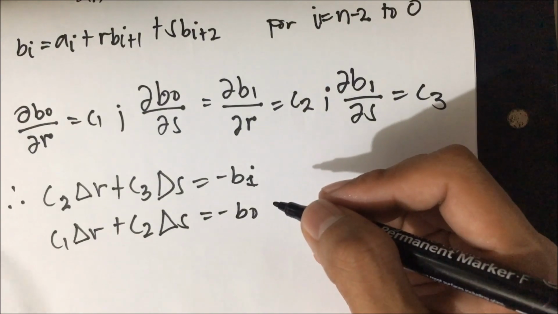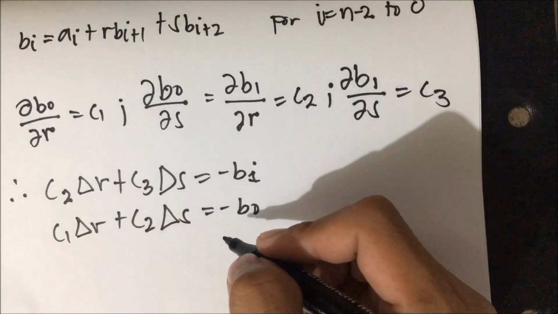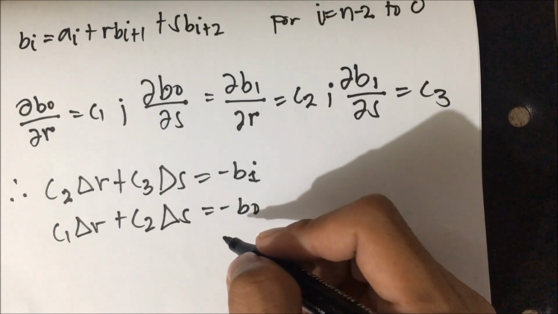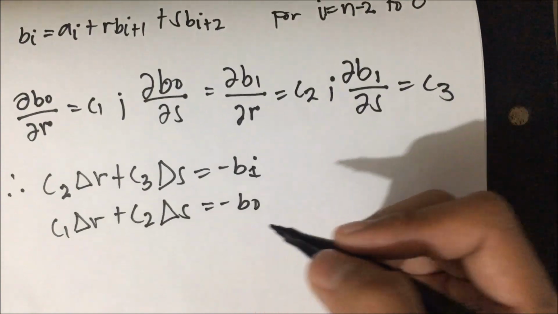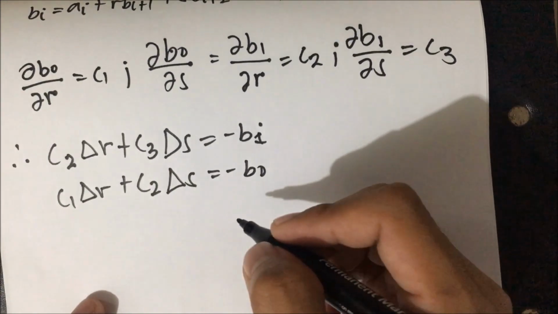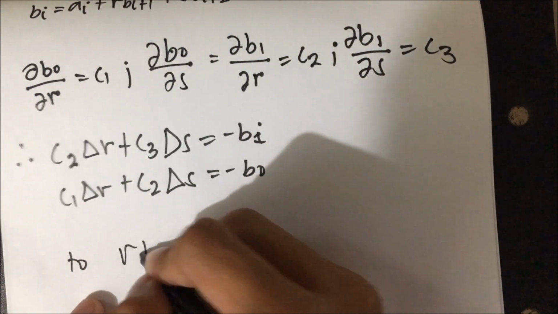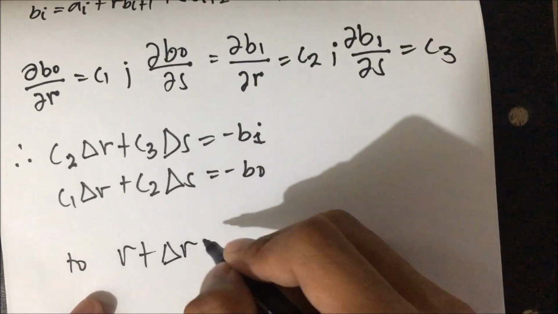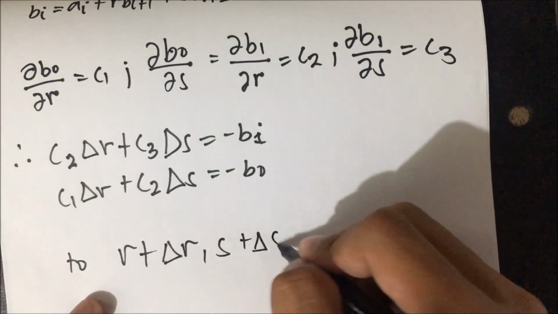This equation can be solved for delta r and delta s and used to improve the guesses of r and s natin, r plus delta r, s plus delta s.